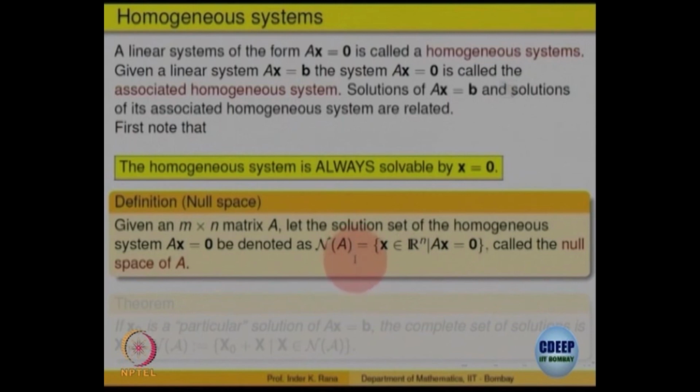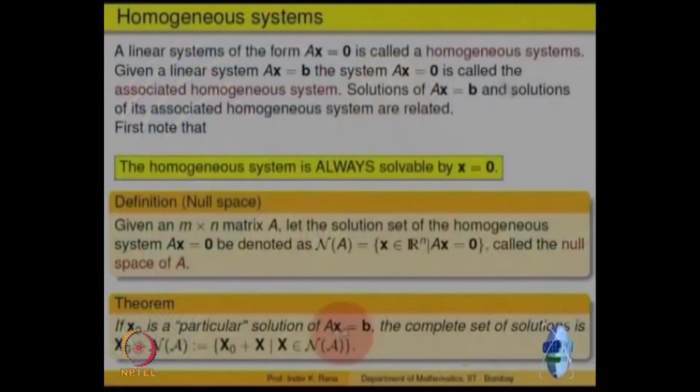That is the solution space of the homogeneous system Ax is equal to 0 for a given matrix A. So, for every matrix we are associating a space with it, a set with it, the null space, which is the solution set of the homogeneous system. Okay. What is the advantage of that? So, the advantage is, look at, we want to solve the system Ax is equal to b, right.